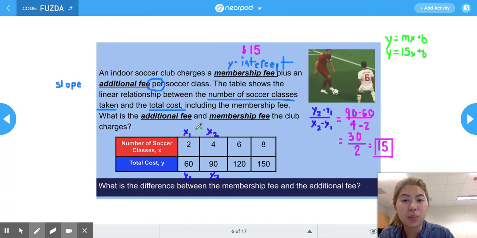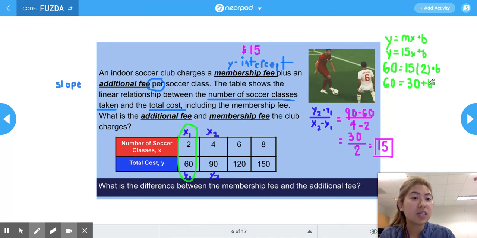So I'm going to choose one of the points that I already labeled so I know what my x and y values are. So my y is 60. So I have 60 is equal to 15 times my x, which is 2, plus b. So from here, I have 60 is equal to 15 times 2 is 30 plus b.